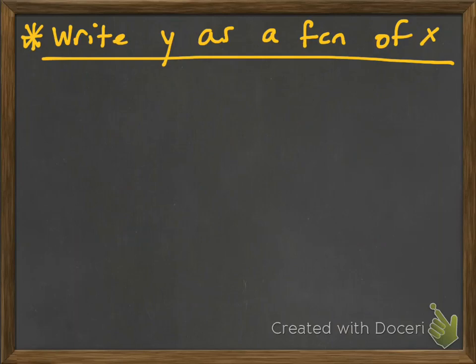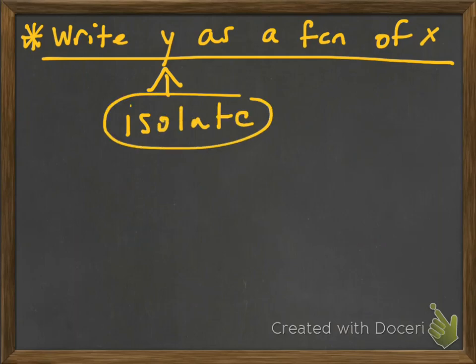When you see write whatever variable as a function of the other variable, the first one named is the one you need to isolate. That won't always be clear. We're going to isolate y, and then x will be the only variable on the other side.